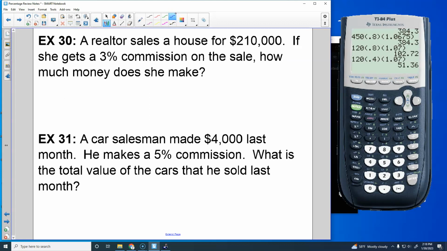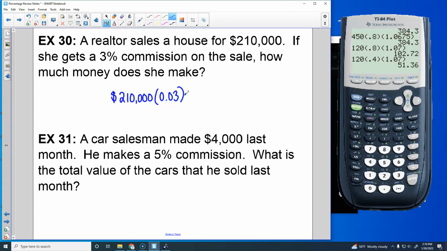For this, if we want to know how much money she makes, what do we need to do? She makes 3% of whatever she sells the house for. Just 0.03, not 0.3. 0.3 would be 30%.